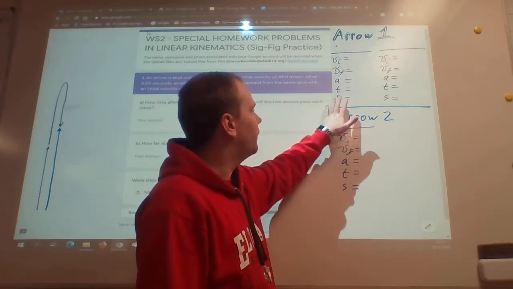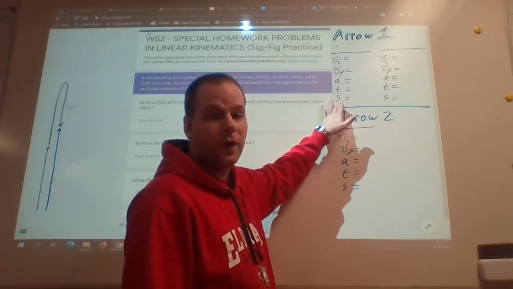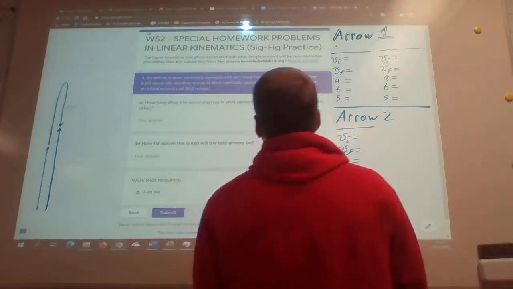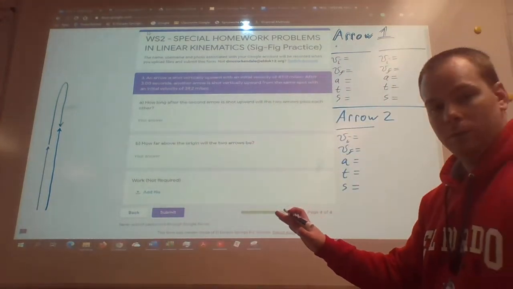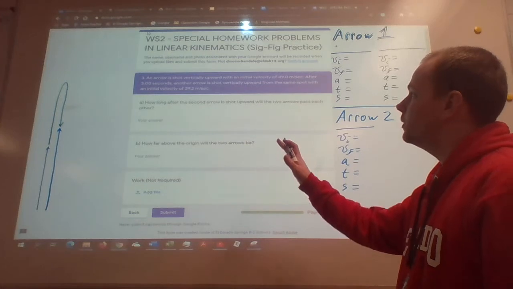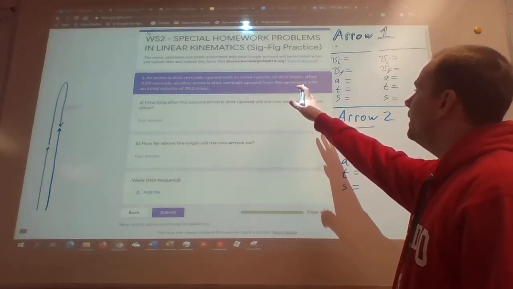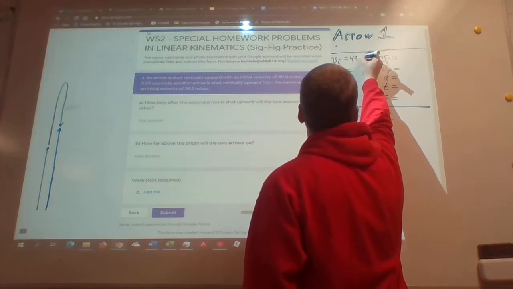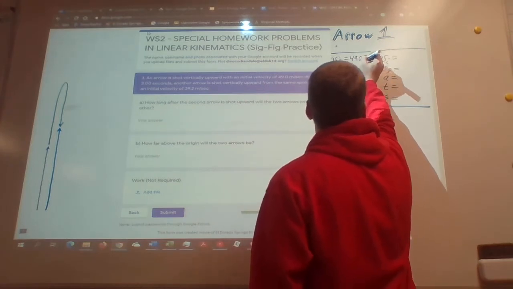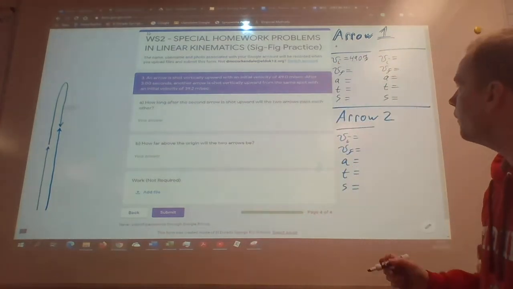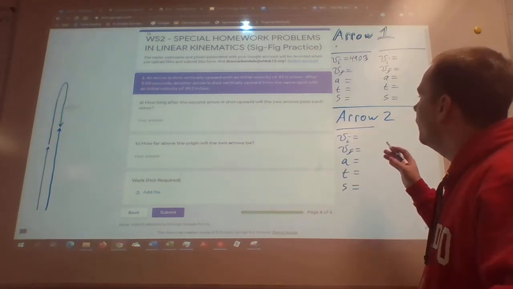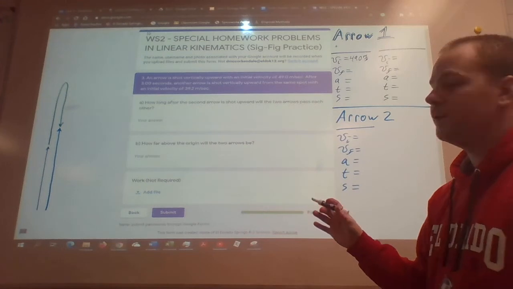So first off, purple, this is the stuff for arrow 1 at the very beginning. The initial velocity of arrow 1, we're given that in the question, 49.0 meters per second. The final velocity of the arrow, we don't know that. The acceleration of the arrow, we do know.